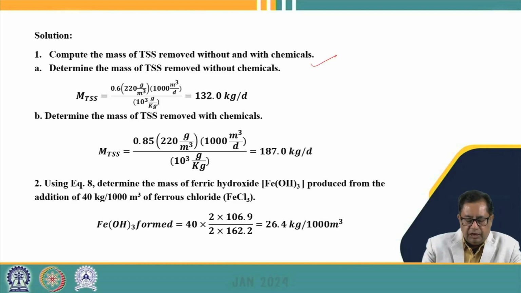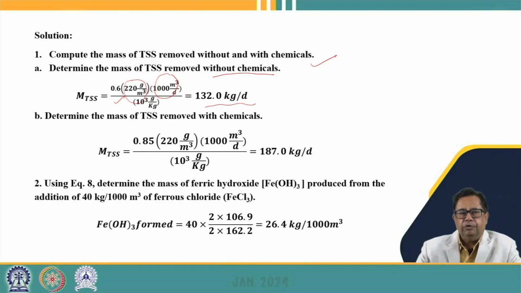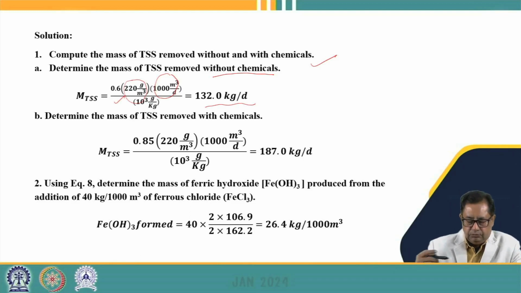Without the addition of chemicals, the removal by sedimentation is nearly 60%, with 220 milligrams per liter of suspended solids present and a flow of 1000 cubic meters per day. This gives us the mass of the solids, and 60% removal gives us 132 kilograms per day of suspended solids removed by the settlement process.